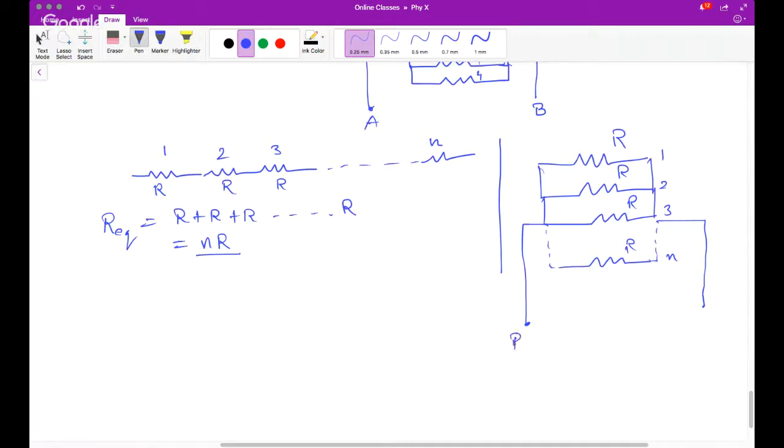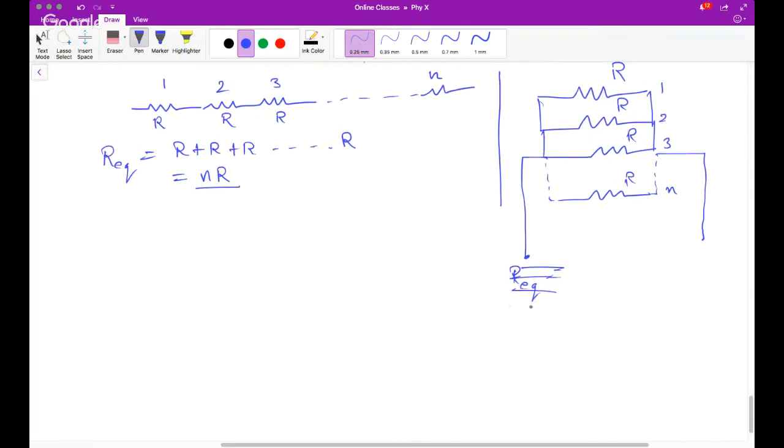So R equivalent in case of parallel is nothing but, you write like this: 1 upon R equivalent in parallel is equal to 1 upon R plus 1 upon R plus 1 upon R plus dot dot dot 1 upon R, n times.